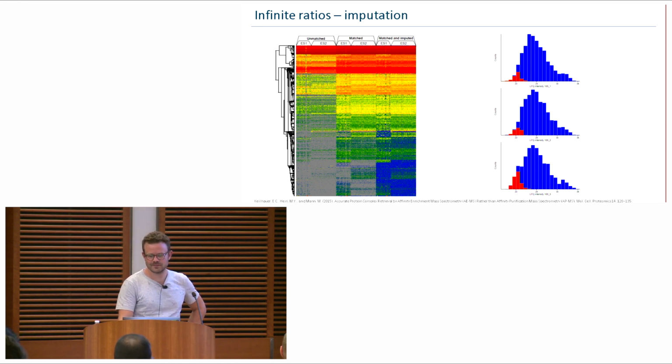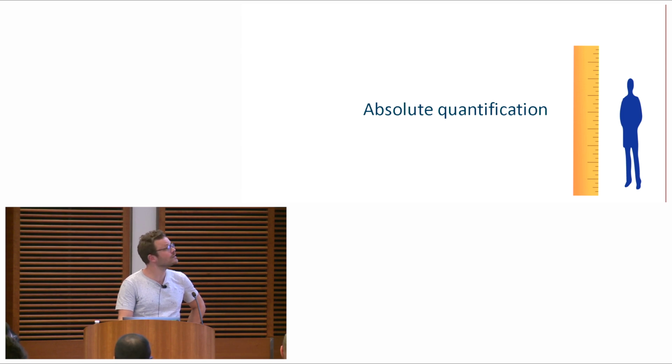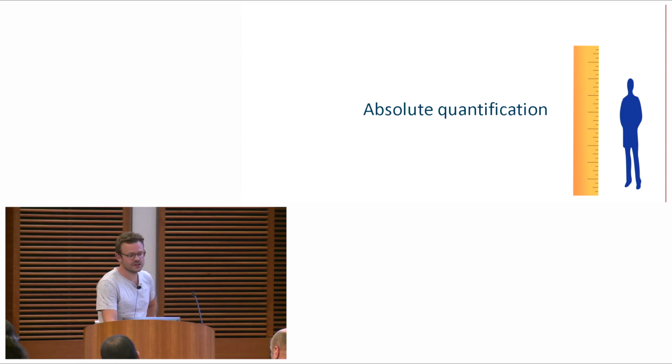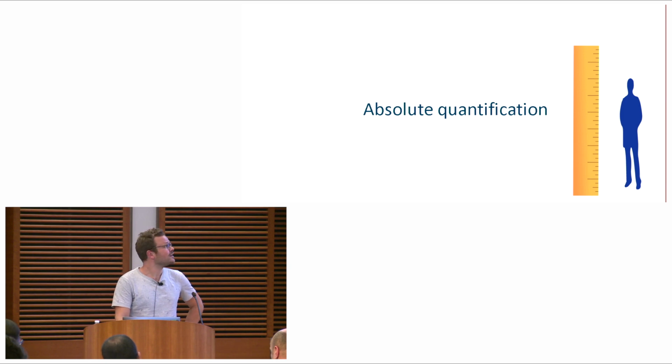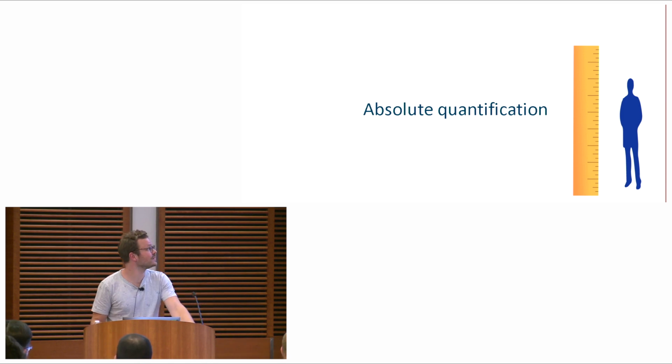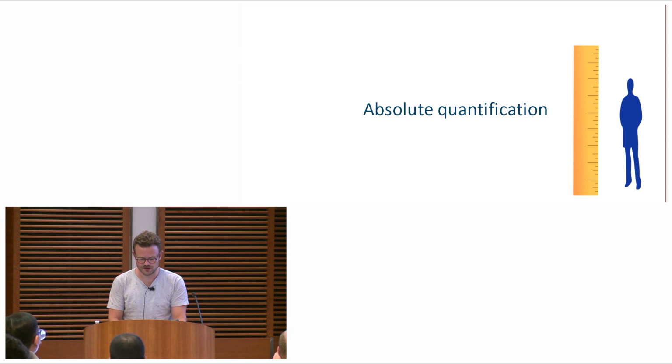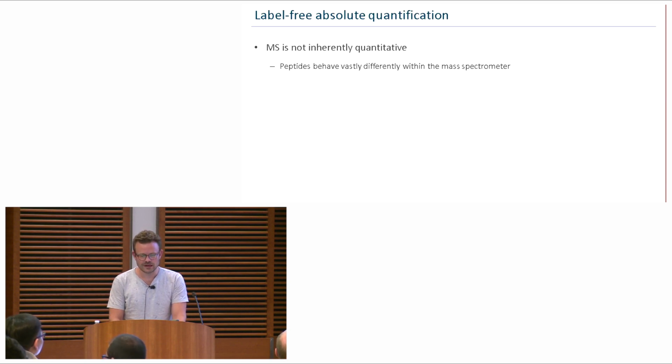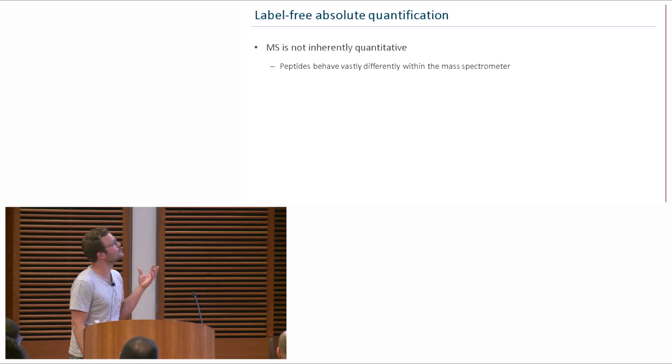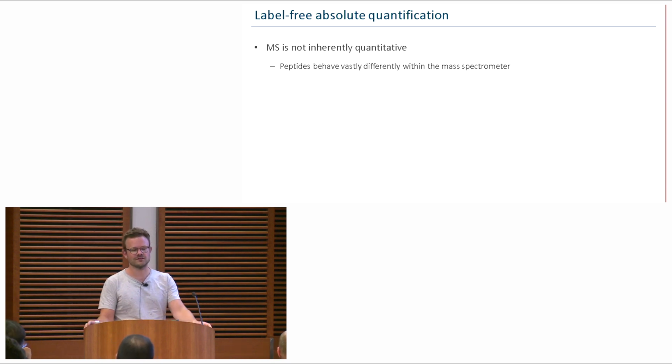Okay. So let's now switch to the absolute quantification. Up to now we compared the same proteins over several samples, and now we want to get absolute values, such as copy numbers per cell or milligrams. And the problem here is still the same, right? It's not inherently quantitative.